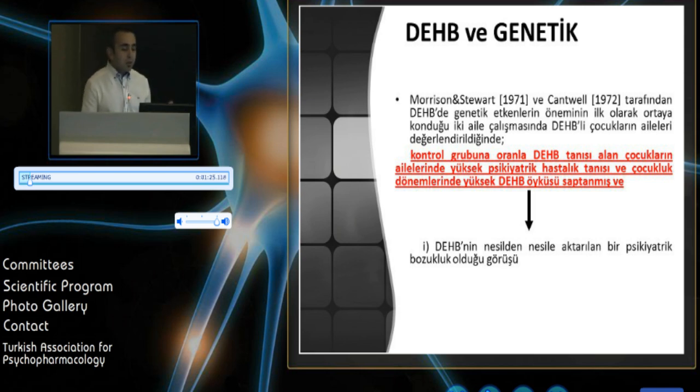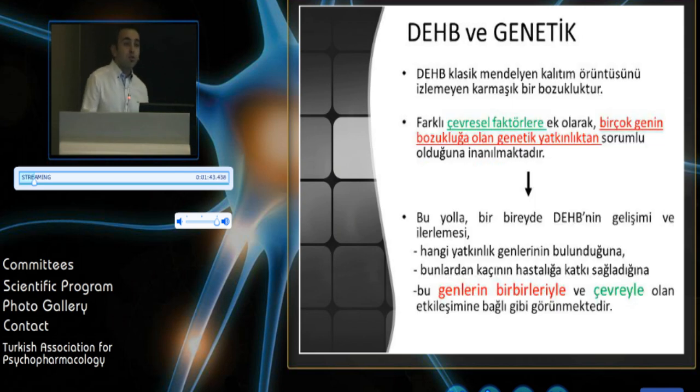Speaking from a genetic perspective about this disorder, we can say that the importance of this disease was understood before 1950 for the first time. If there is a psychiatric disorder in the family, you can even diagnose the situation better.